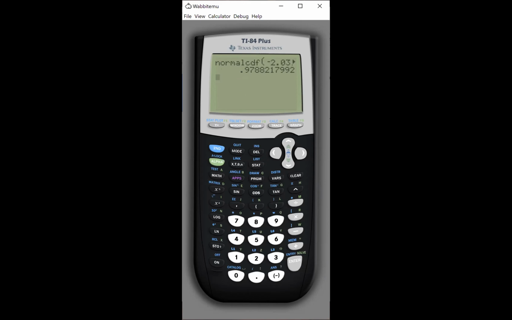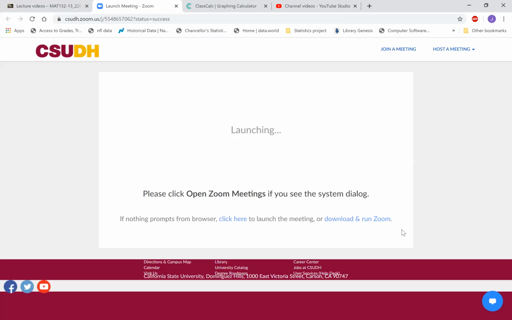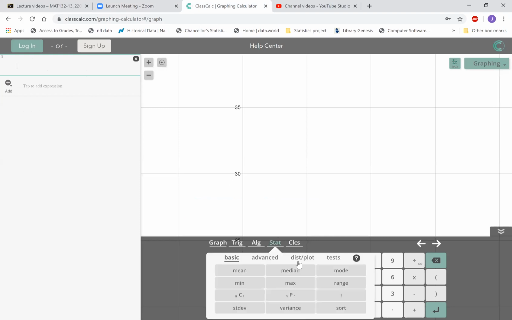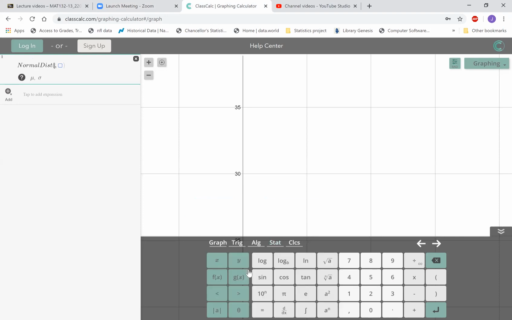Okay, up next, I'm going to switch over to class calc. If we want to do it with class calc, you hit the stats button. You go over here where it says distribution / plots, and we go right here where it says normal distribution. Since this is a standard normal distribution, you put mean is 0, sigma is equal to 1.